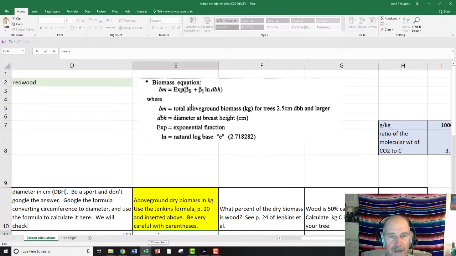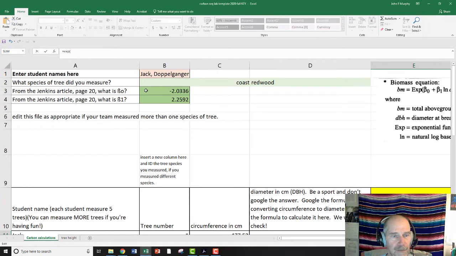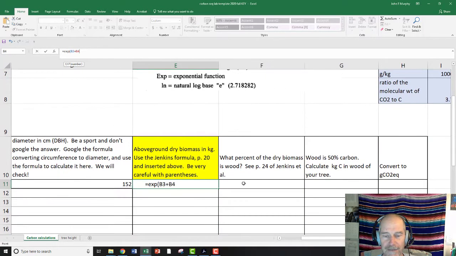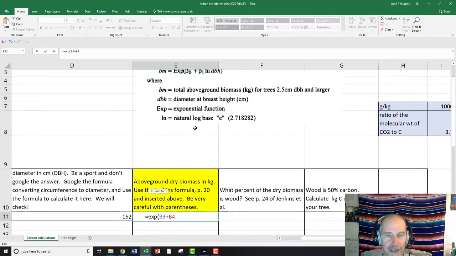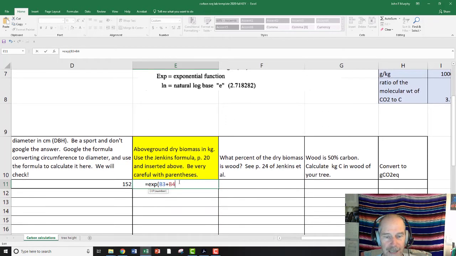EXP of B sub 0, which is over here, B sub 0 negative, plus B sub 1. Here's where it gets tricky. I'm going to come back here and refer to this again. Times ln DBH. Times, and I'm going to use parentheses here because I'm very liberal with parentheses to make sure it works.